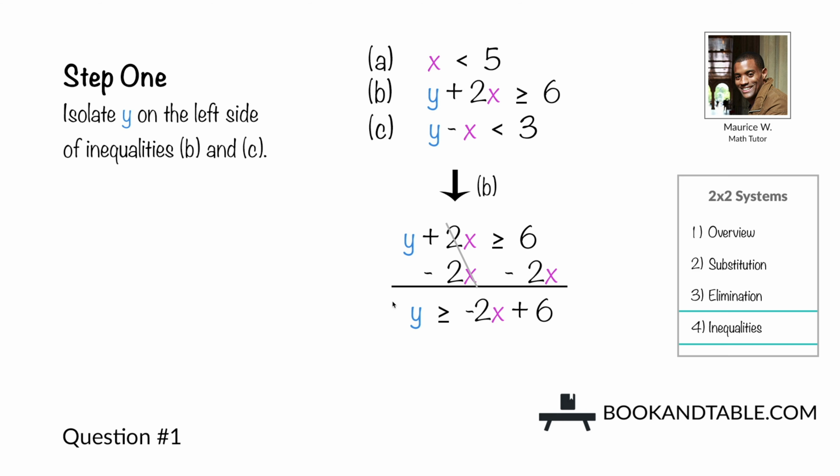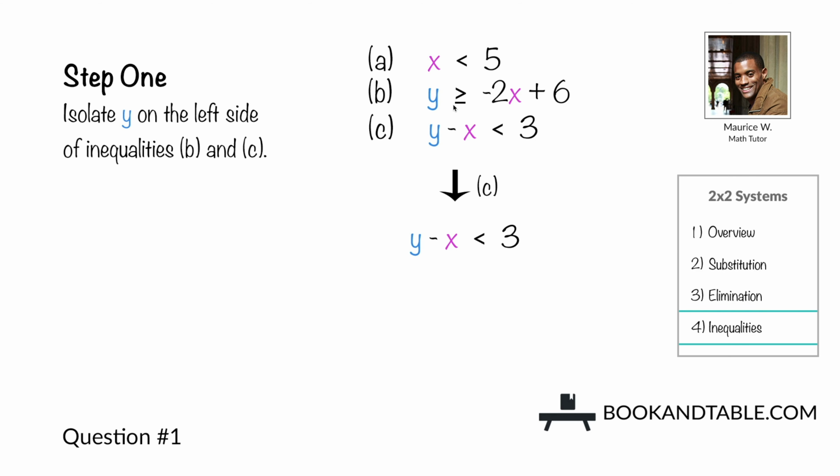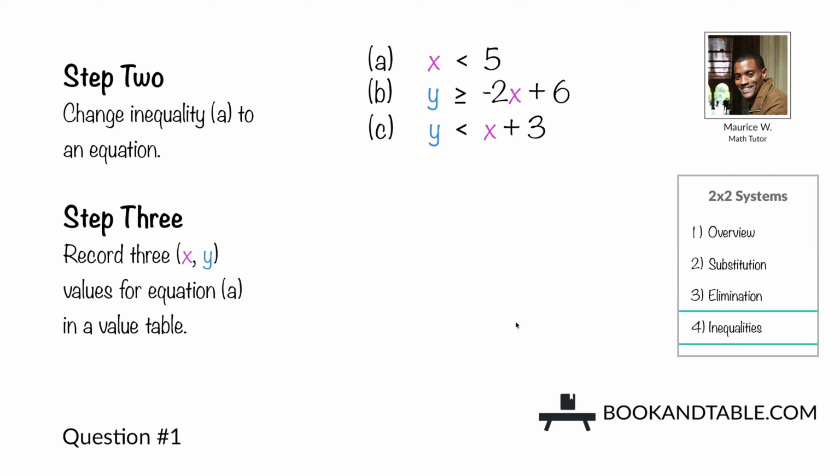So we'll write inequality B with this expression here. And we'll repeat this process for C. Y minus x is less than 3. We'll add x to both sides, giving us y is less than x plus 3. So we'll write inequality C with this expression here.